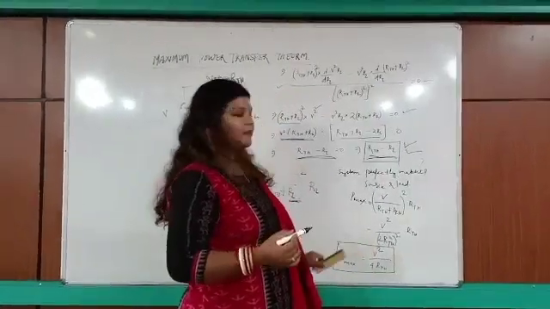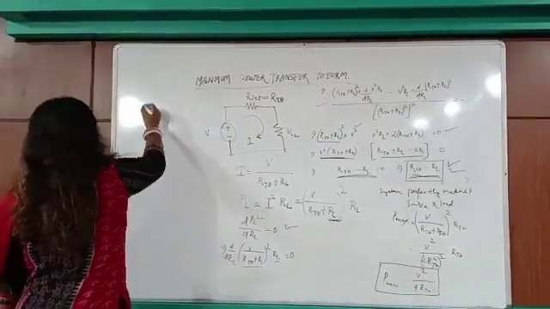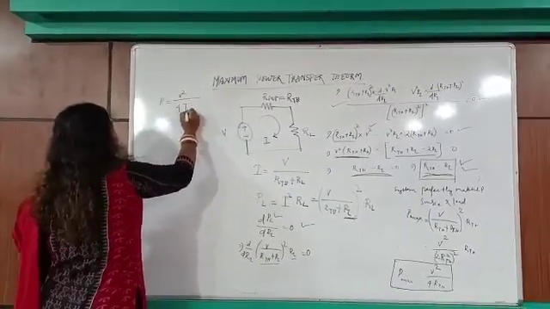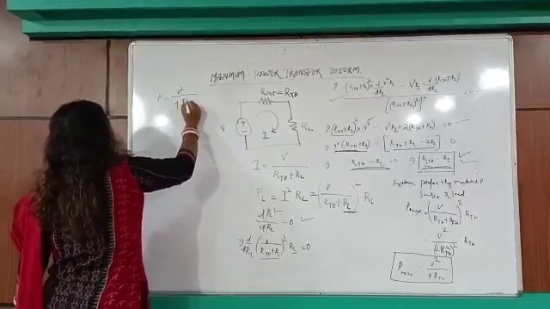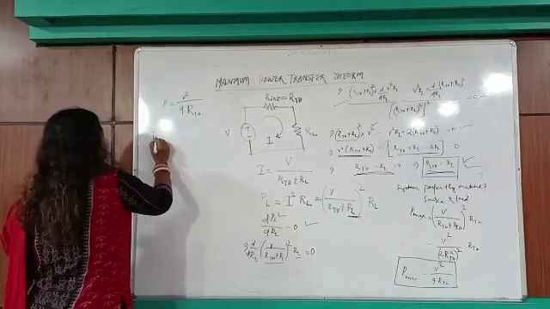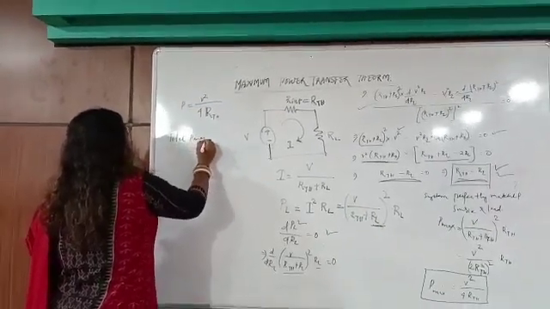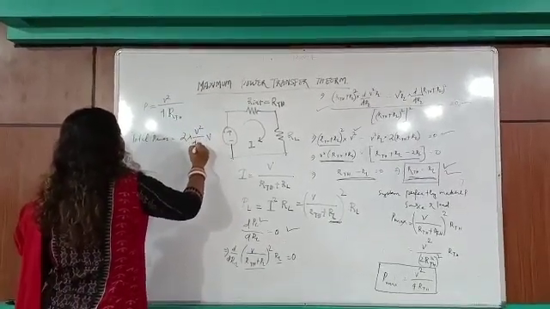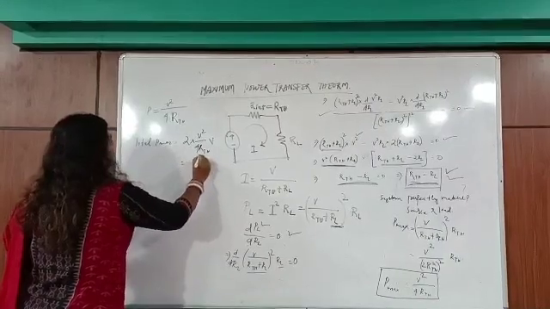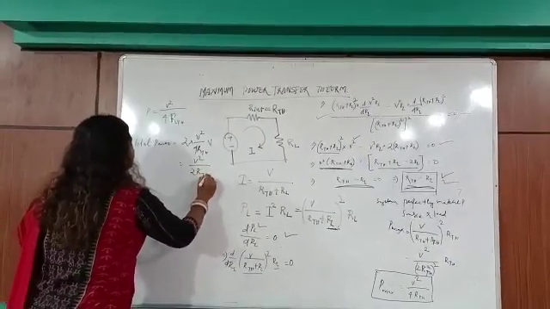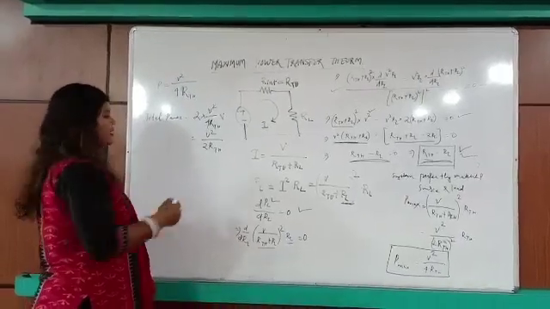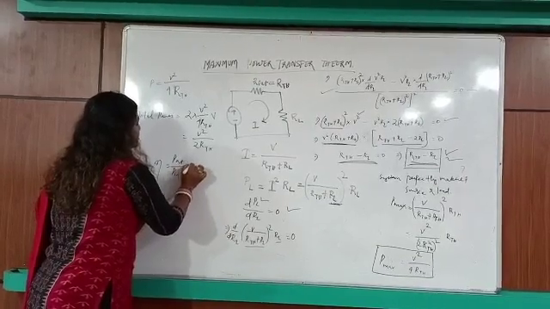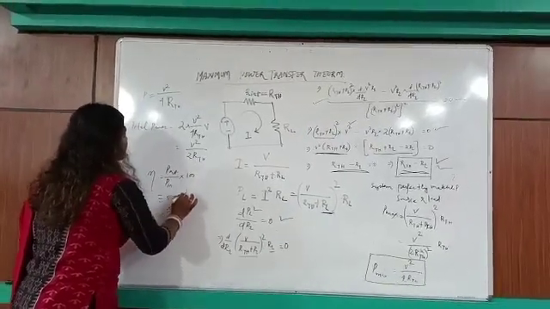The power transferred by the source is V square divided by 2RTH. Now the efficiency is output power by input power into 100, and it is always 50%.